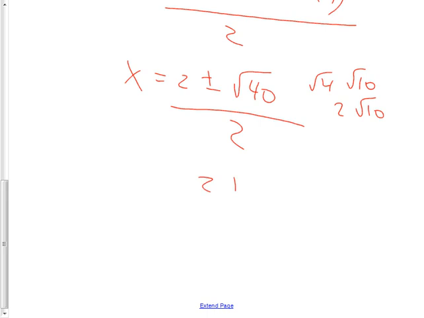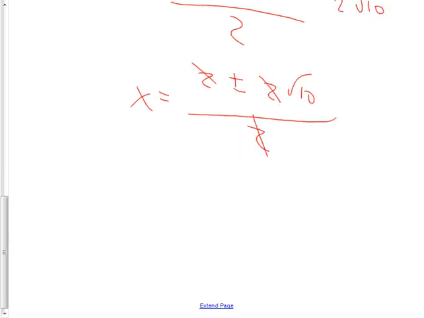So then it's 2 plus or minus 2 root 10 all over 2. Look at that. There's 2's running all over the place. Cancel, cancel, cancel. And they don't disappear when they cancel. They make 1s. X equals 1 plus or minus root 10. And can I simplify it any more than that? I don't think so. So there's 2 answers. 1 plus root 10 and 1 minus root 10.